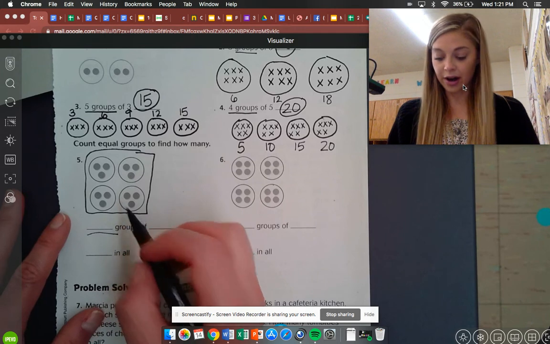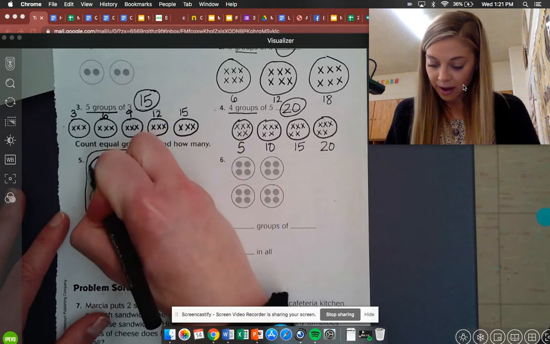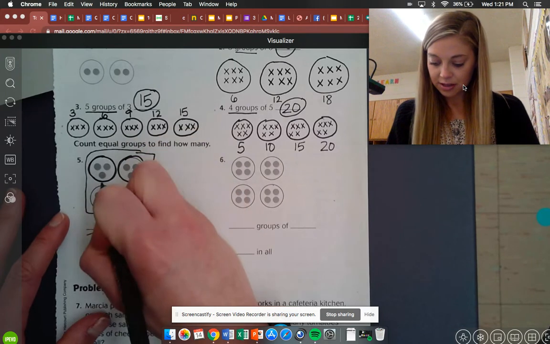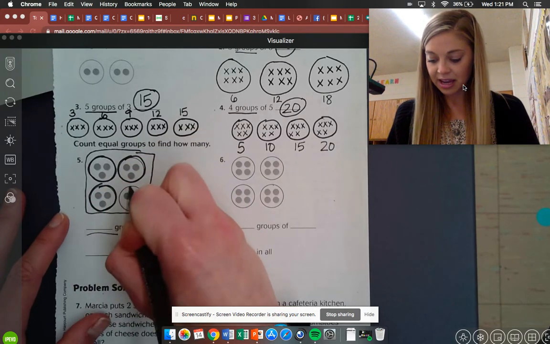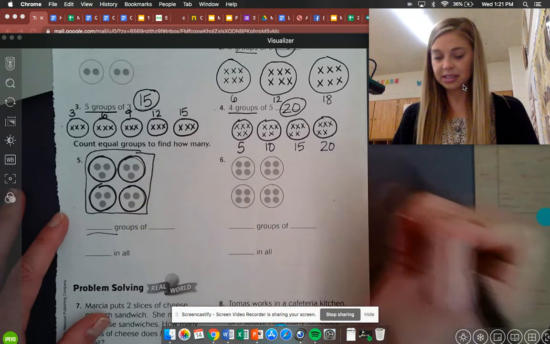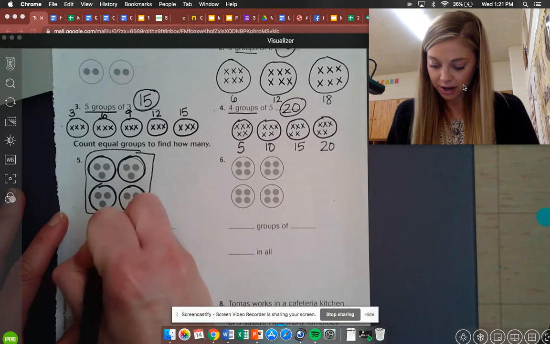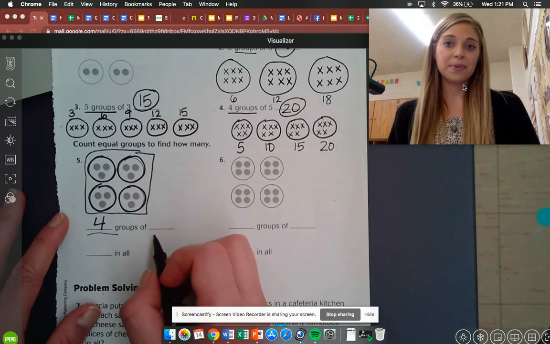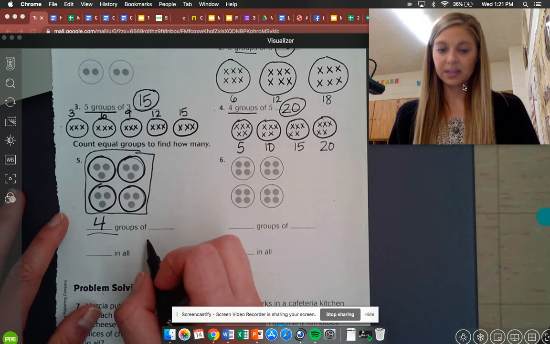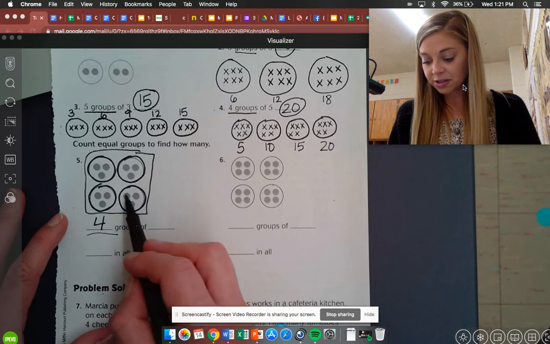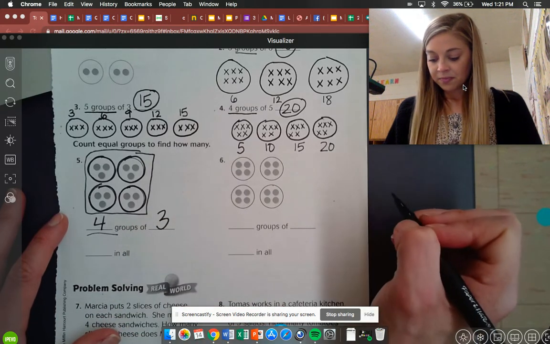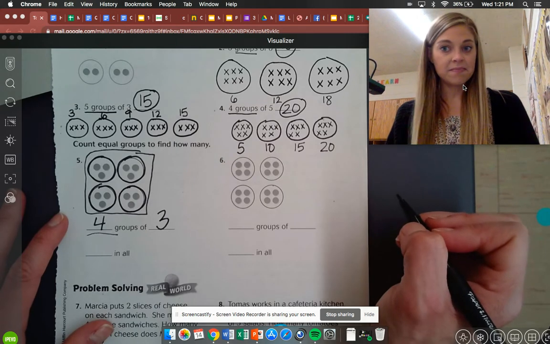I have 4: 1 group, 2 groups, 3 groups, and 4 groups. So I have 4 groups of, and how many are in each group? There's 3 circles in each group, right? 4 groups of 3. Well, how many in all is that?